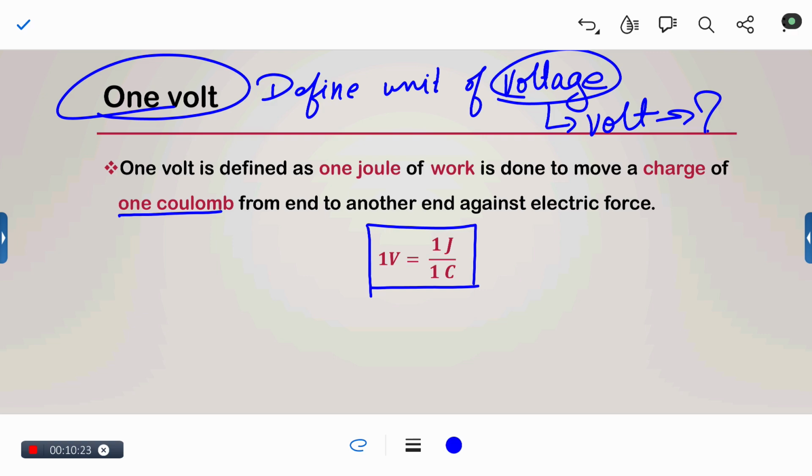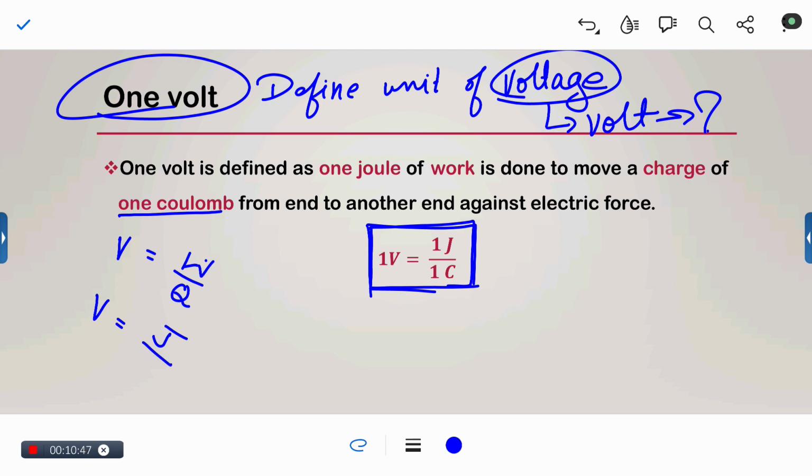If you're confused about what to write, first write the formula to calculate voltage: V is equal to W by Q. After writing this, write all the respective units. What is the unit of voltage? Volt. What is the unit of work? Joule.